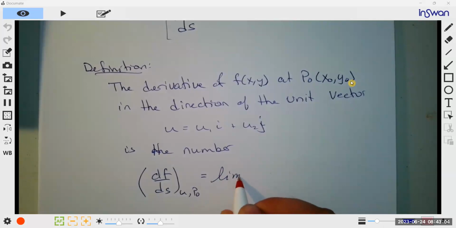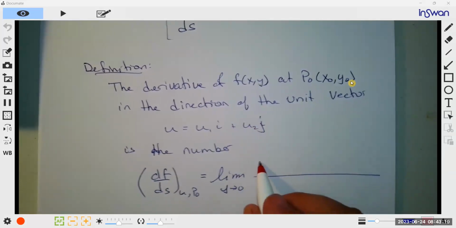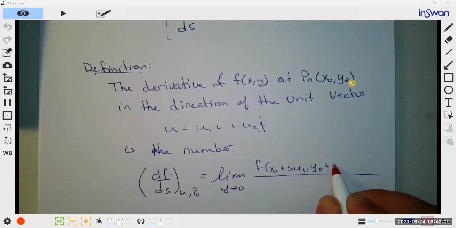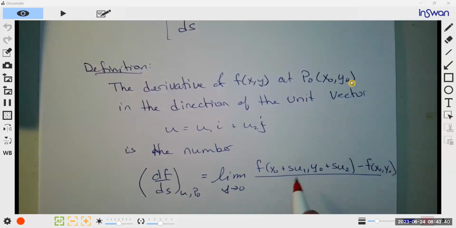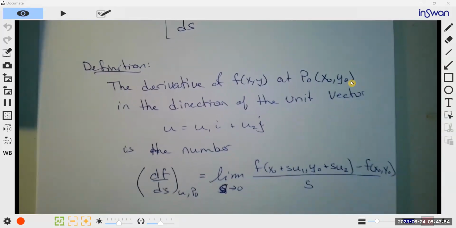It equals the limit as s approaches 0 of f of x sub 0 plus s u sub 1, y sub 0 plus s u sub 2, minus the initial point f of x sub 0, y sub 0, all over s, because we're taking it with the derivative of s, providing it exists, of course.